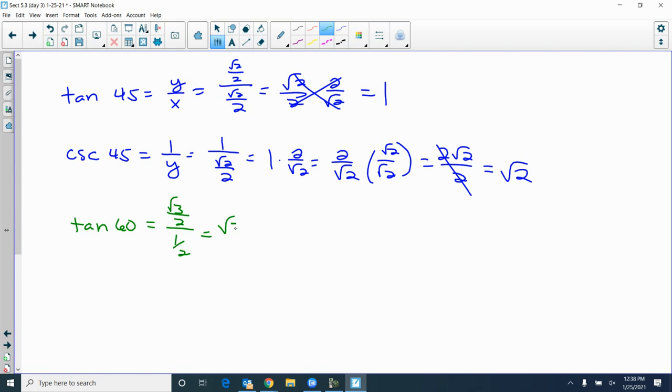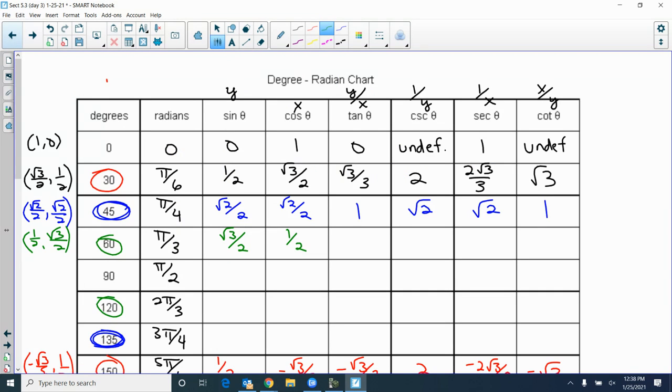Hold on, actually, it's reversed. So radical 3 over 2 times 2 over 1. So you get square root of 3.